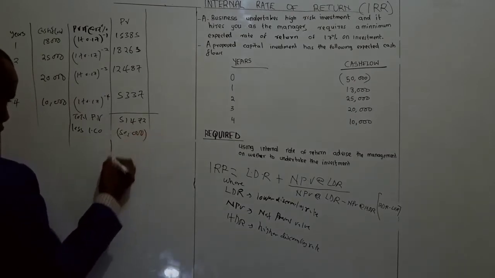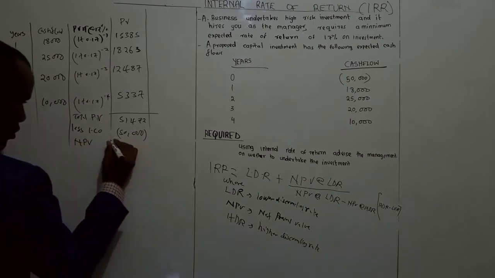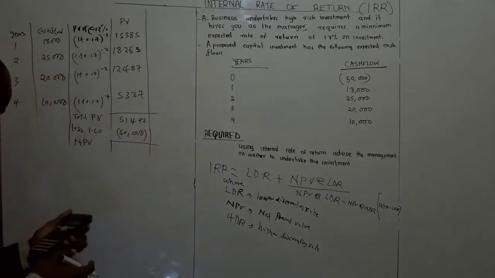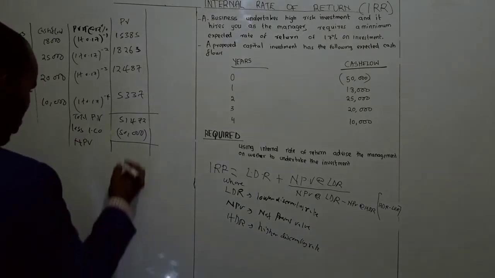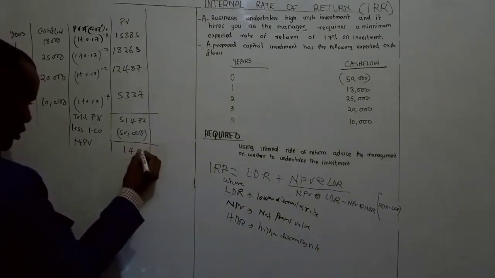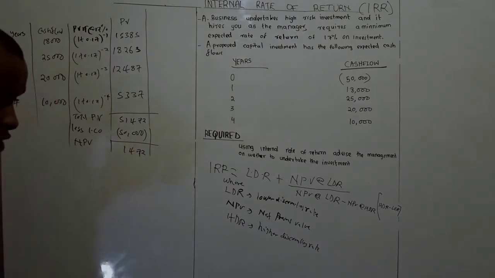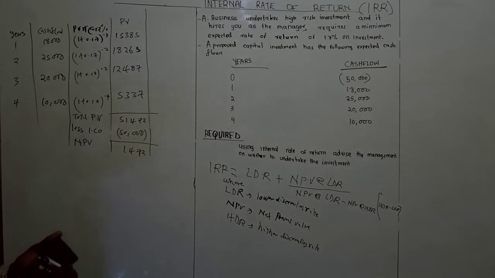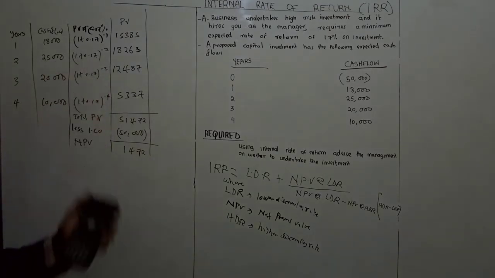Now this will give us the NPV. So subtract 50,000, and I get 1,472. This is the NPV at 17%, the lower discounting rate.